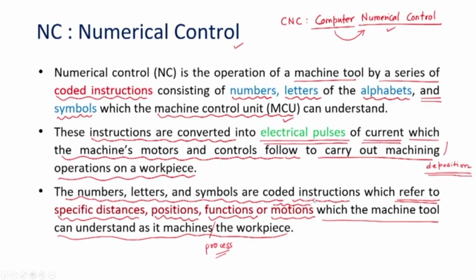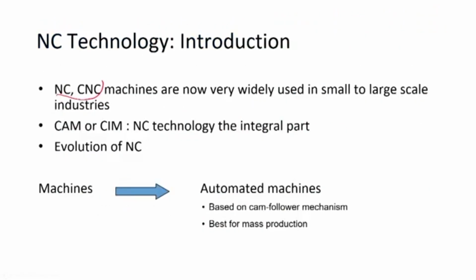CAM is the acronym for computer aided manufacturing, which we call quite often, and CIM is the acronym for computer integrated manufacturing.